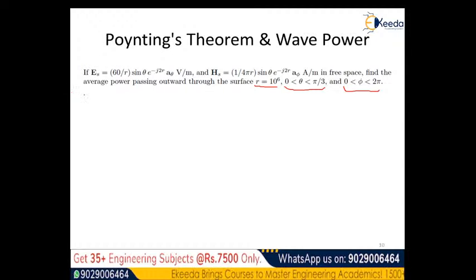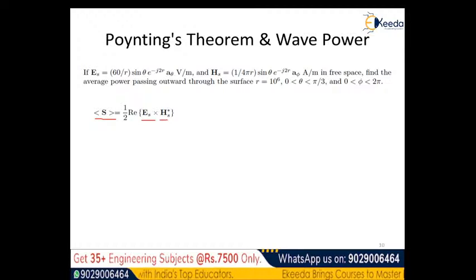As we want to know the average power passing outwards through the given surface defined by r, theta and phi for the given Es and Hs, we are going to use the formulation we just derived: the time average power density, denoted by S, is equal to 1 by 2 the real part of the cross multiplication of Es and the conjugate of Hs.